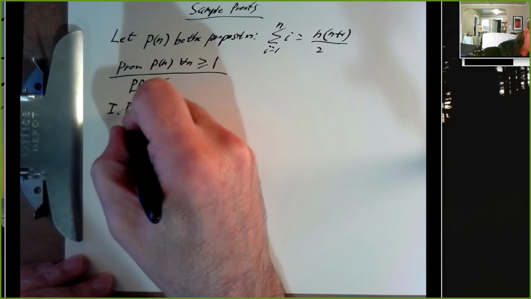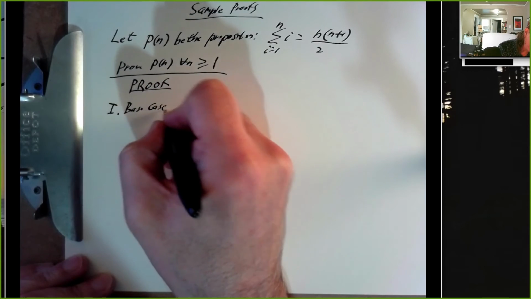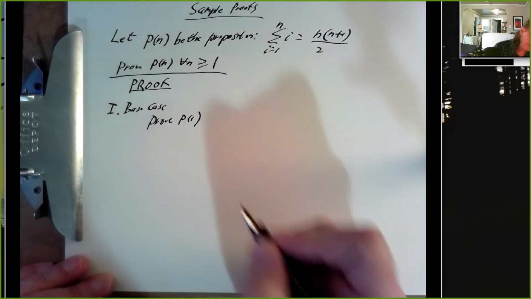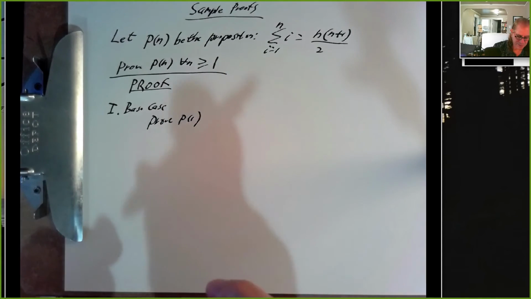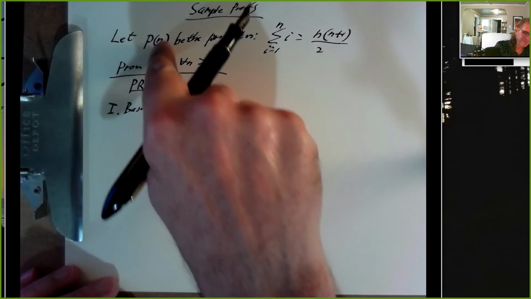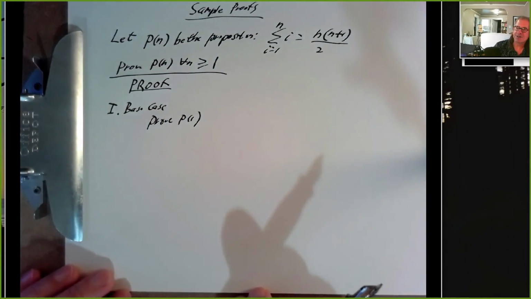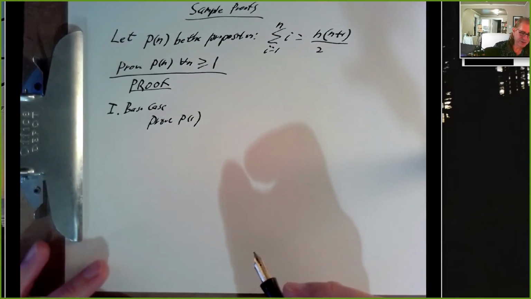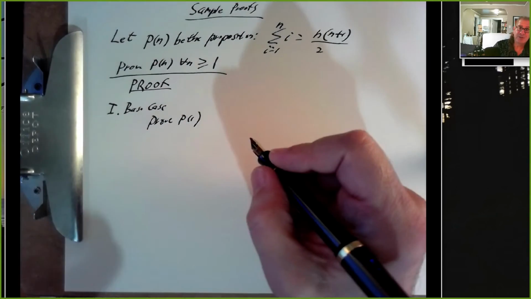So step 1 will be the base case. So let's prove P of 1. Well, we're only trying to prove this proposition for one given value of n, so we can just plug in n equals 1 and see if the proposition is true. But we're going to do this very carefully, right?